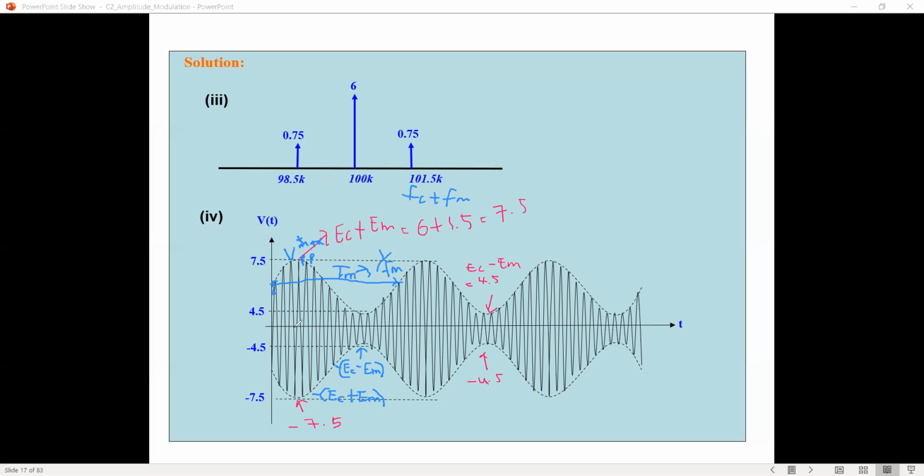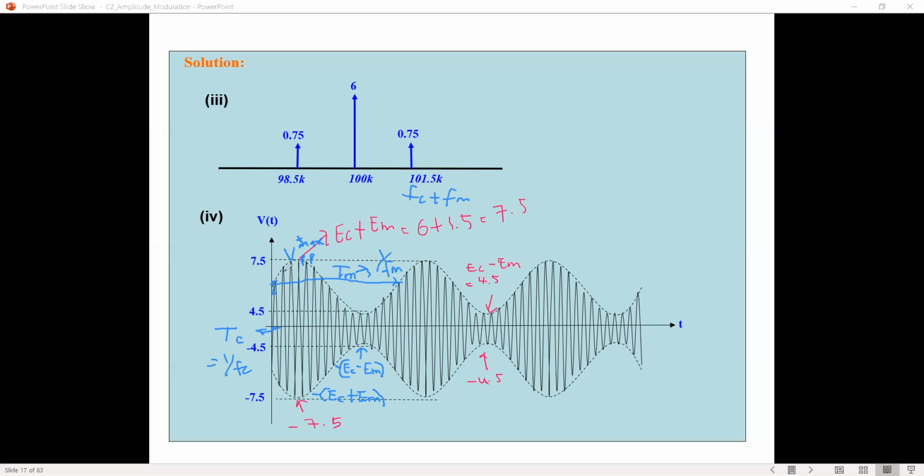So the top envelope refers to the 0.75 plot, is it? Okay, and here one cycle. This is one cycle, right? This is your TC, equal to 1 over FC.